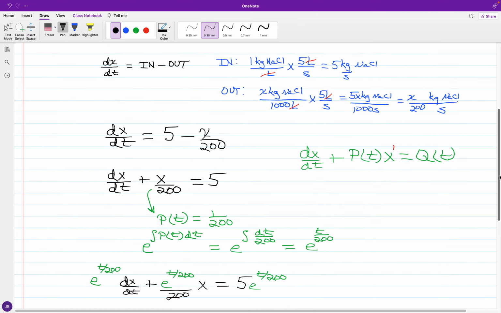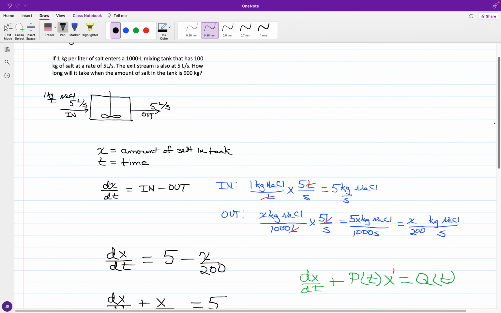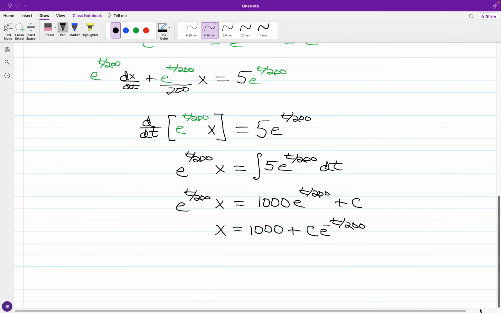Now, for the initial conditions, again, you have the mixing tank consisting of 100 kilograms of salt. So this will be at time 0. So x of 0 is equal to 100.